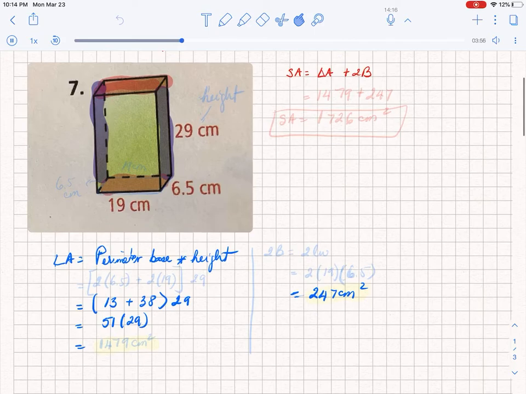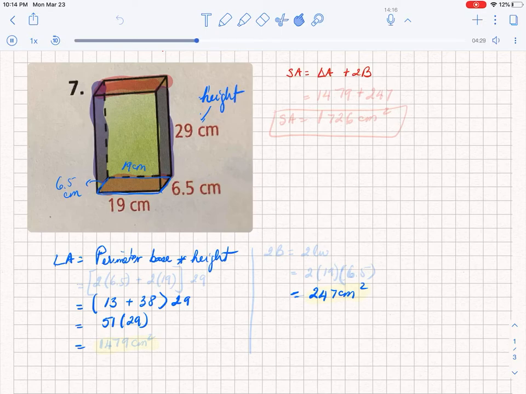To find the lateral, I'm looking at the perimeter of one of the bases. If I take this as the base, and this is 19, this needs to be 19. If this one is 6.5, this side right here needs to be 6.5 centimeters as well. This one right here is going to be my height.